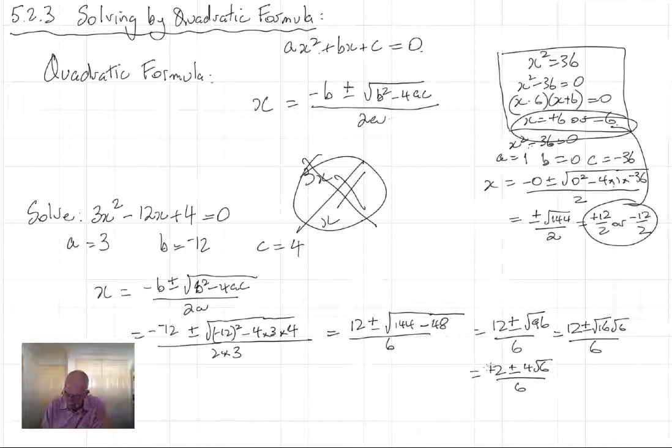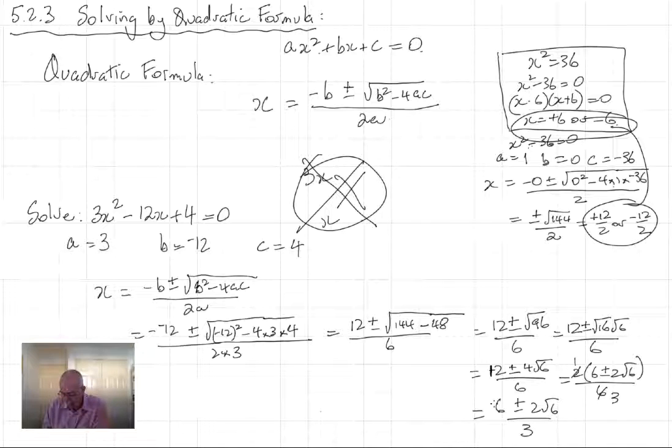So that's a 12 there. Are there any factors? Well, 2 will come out. So we've got 2, open bracket, 6 plus or minus 2 root 6, all over 6. Now 2 will cancel. So we get 6 plus or minus 2 root 6, all over 3.